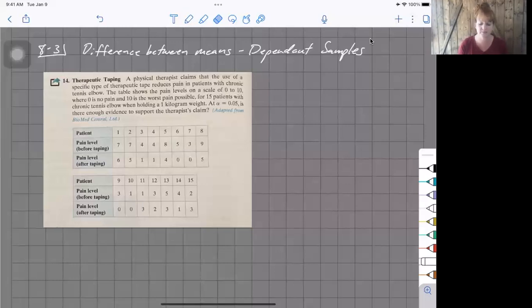So a huge tip in how to tell if you are looking at a dependent sample is, first of all, most of them are in a chart form, but you've got this happening right there, before and after. So these words in your chart, before and after, that's a really big clue that you've got a dependent sample.